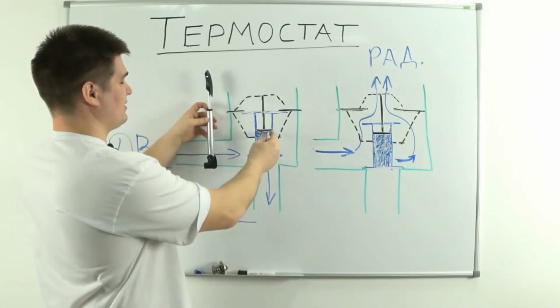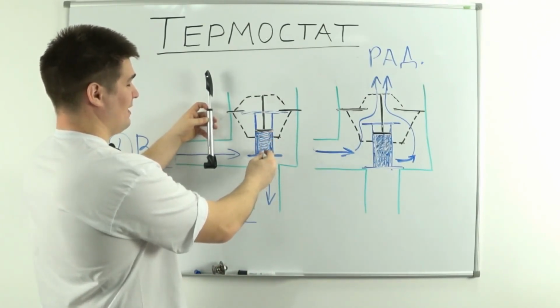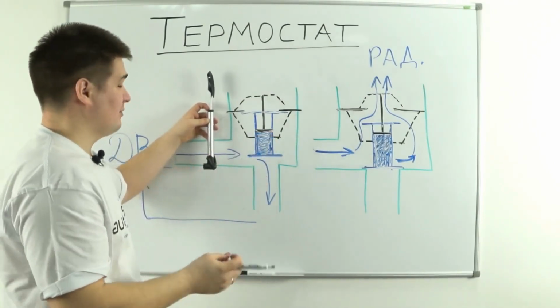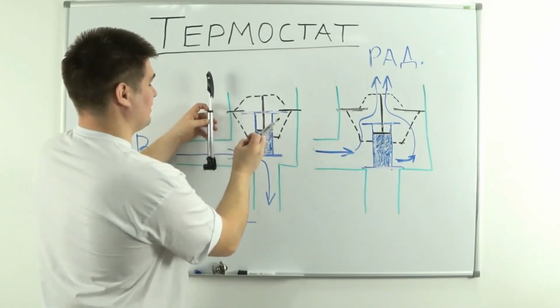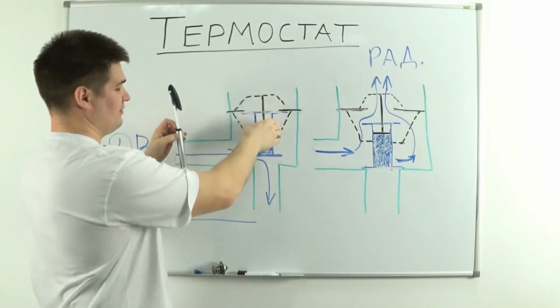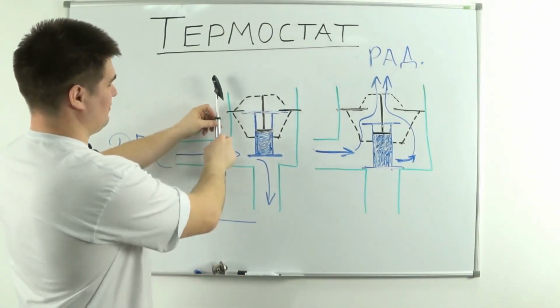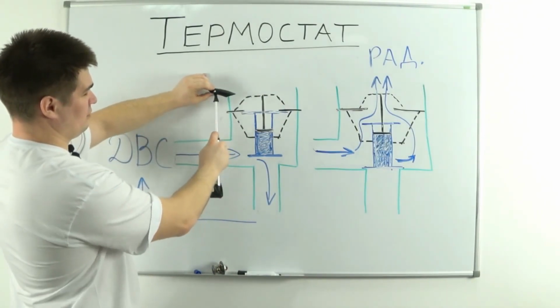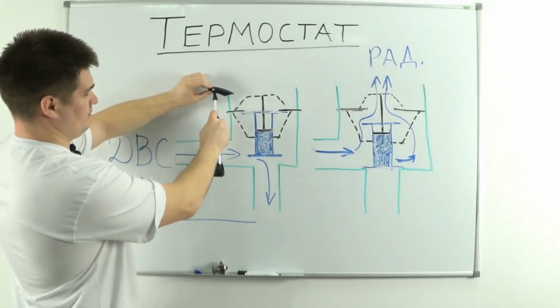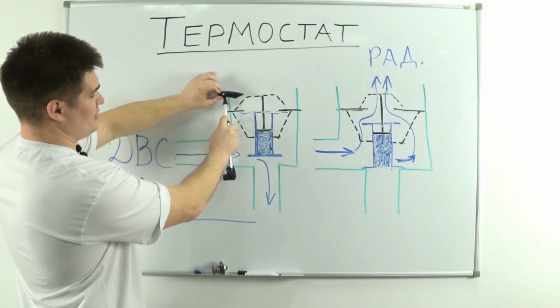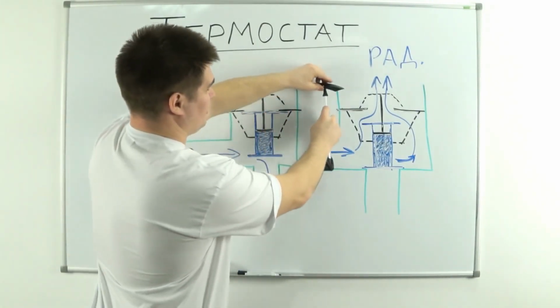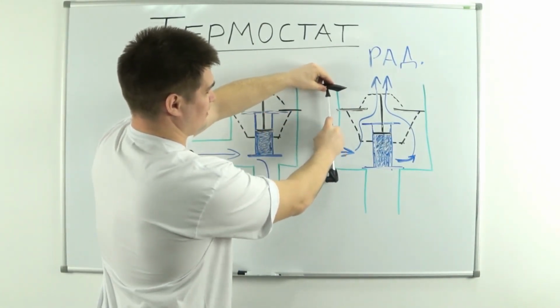It begins to heat up this substance, which begins to expand under the influence of temperature. It pushes the valve down, like this. Here is the first position, and in the second position, the entire valve moves down.